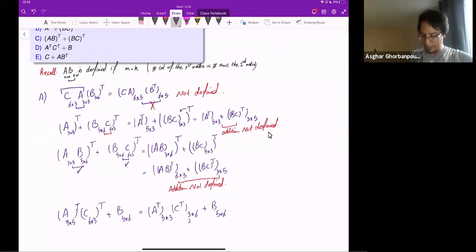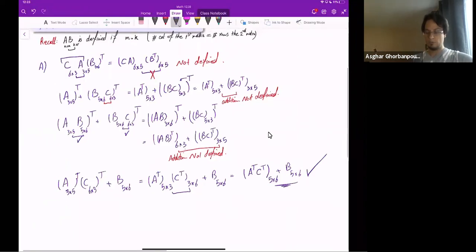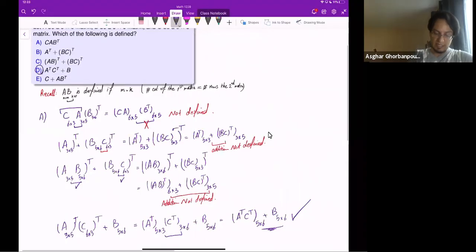Here you notice that I can multiply A transpose by C transpose because the number of columns of the first one is equal to the number of rows of the second one, and as a result, the product matrix is going to have 5 rows and 6 columns, plus B, which is 5 by 6. Oh, I have two matrices which have the same number of rows and the same number of columns. Yes, I can add them, and that right away gives me that D is correct.